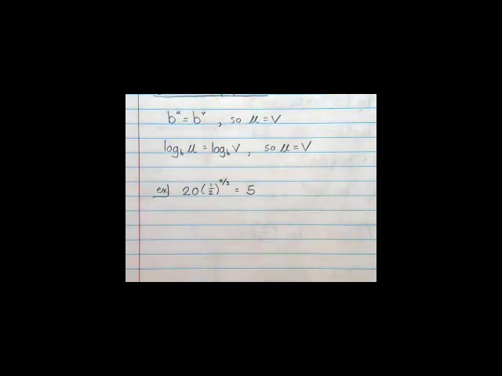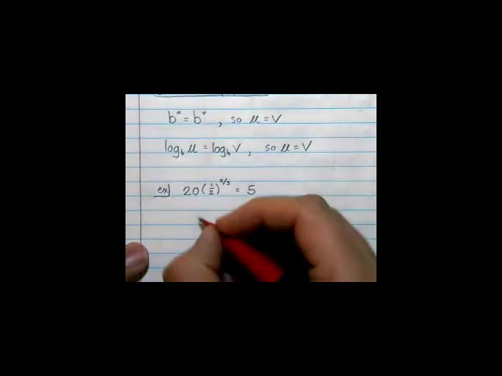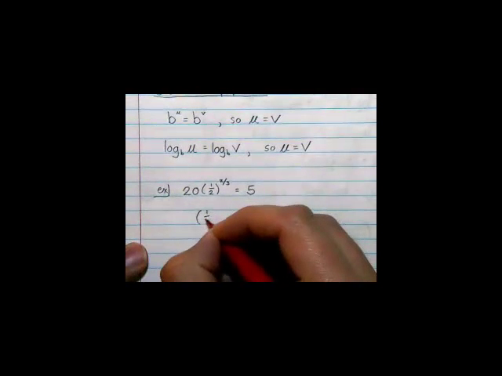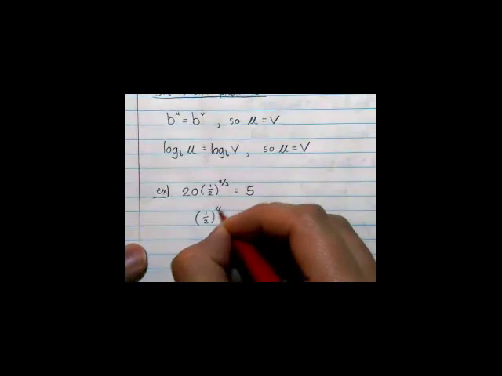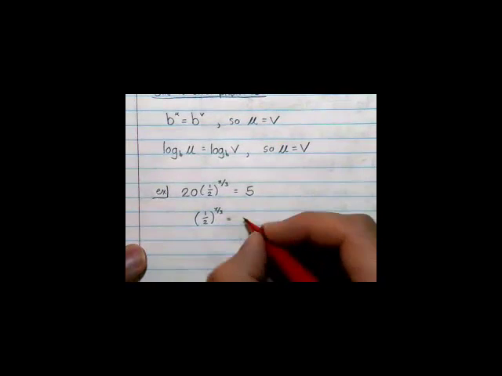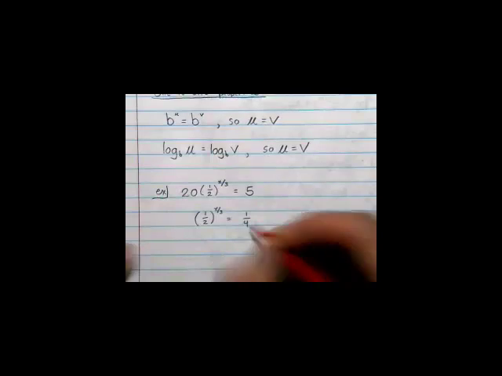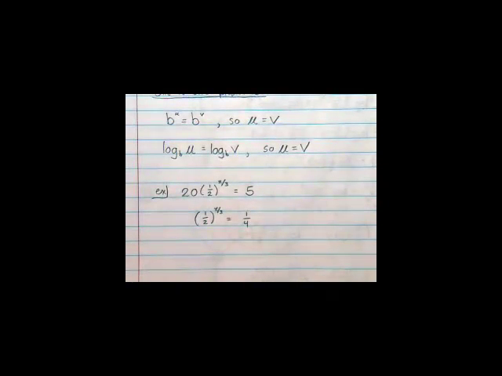So what should I do to isolate that by itself? Divide by 20, right. So if I divide each side of this by 20, five over 20 is 1/4. Okay, so now I'm a little closer.